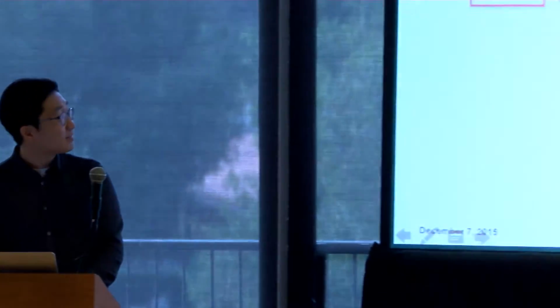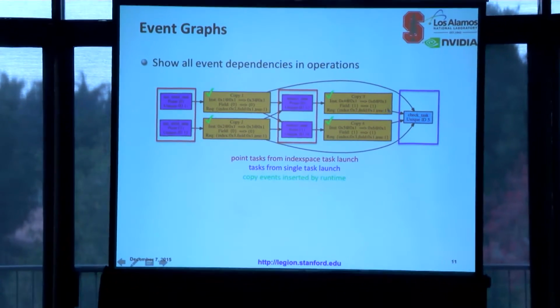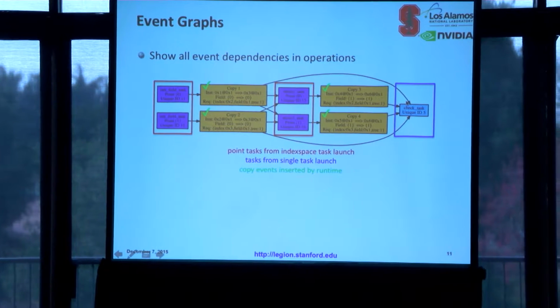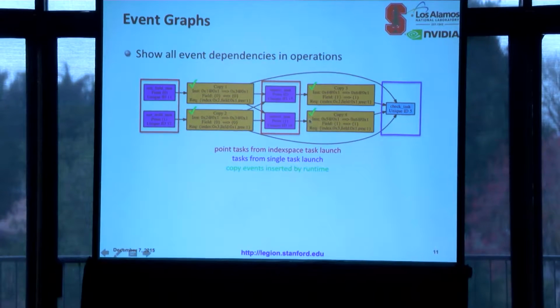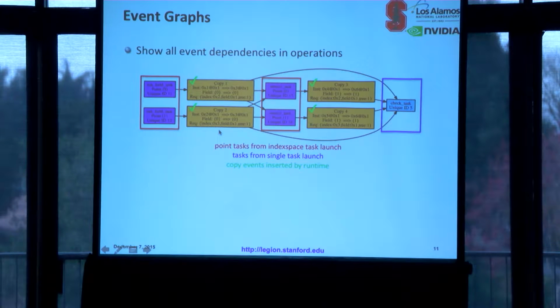So in this event graph, you will see which tasks are launched by index-based launch and which tasks are launched by single task launch. So here you can see that index-based launch tasks have a different color from the single task launches. And also we track the copies between the tasks inserted by the runtime.